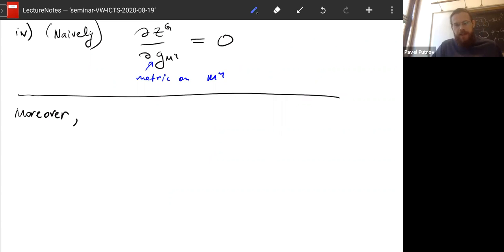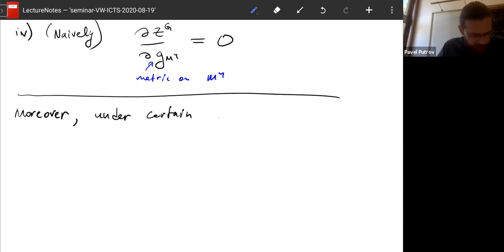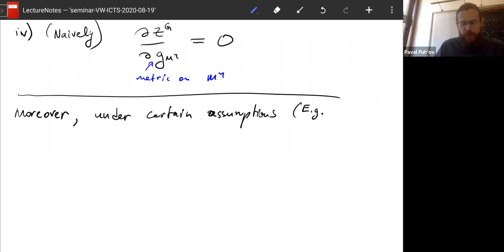Moreover, in particular cases, one can give a more explicit interpretation of this topological invariant under certain additional assumptions. I'm not going to give you the most general one. This is the so-called satisfaction of a vanishing theorem.